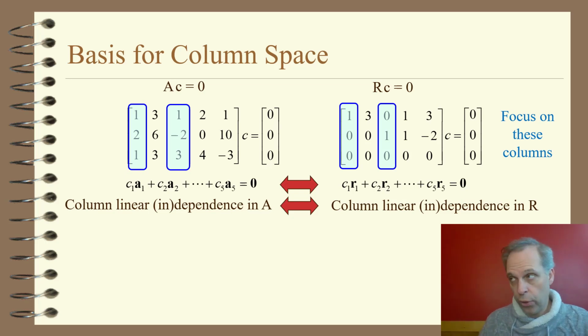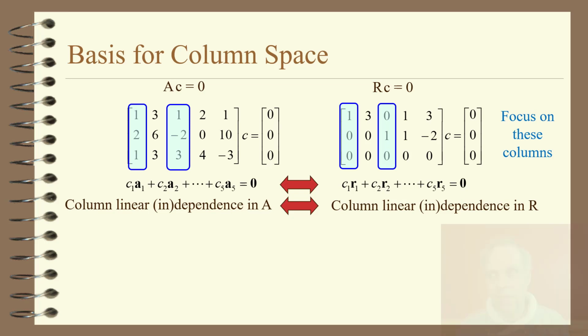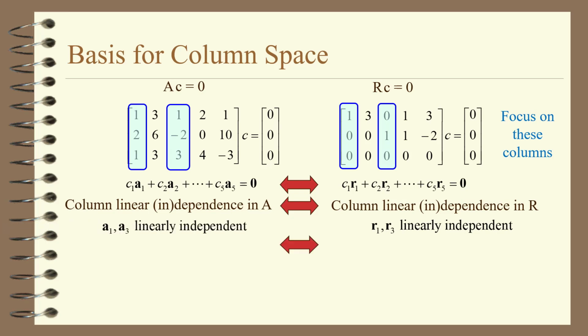Notice the first and the third column in R are obviously linearly independent, because those guys are i and j, actually in 3-space. They're e1 and e2, so they're instantly independent. But that would then mean, since the first and the third column of R are linearly independent, that the first and the third columns in A are also linearly independent.